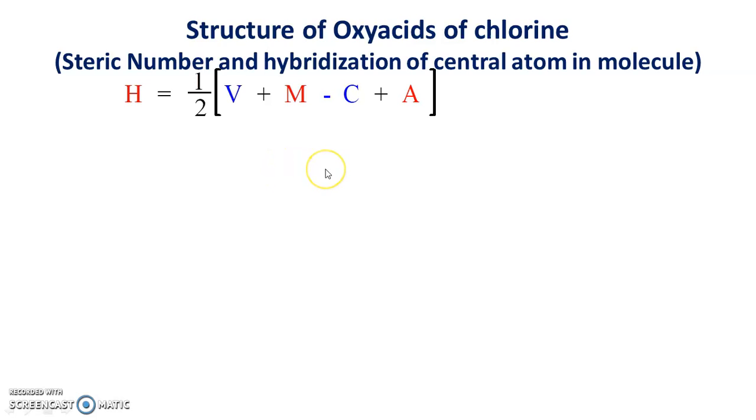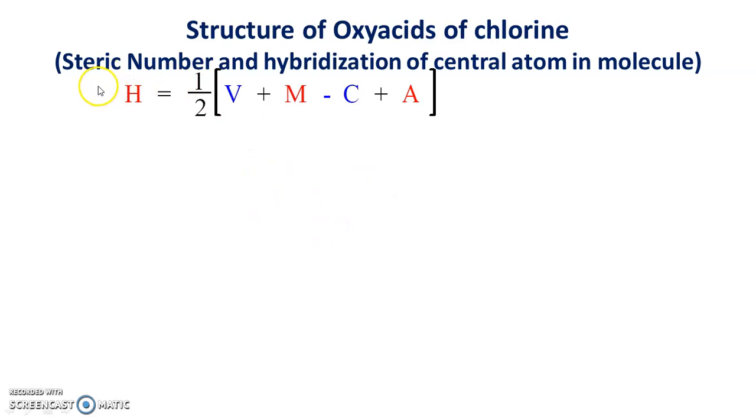When hybridization is sp3, the geometry of that molecule will be tetrahedral. If the central atom undergoes sp3d hybridization, its geometry will be triangular bipyramidal, and so on. So by knowing the hybridization of the central atom, it is possible to know the structure or geometry of the oxyacid of chlorine.